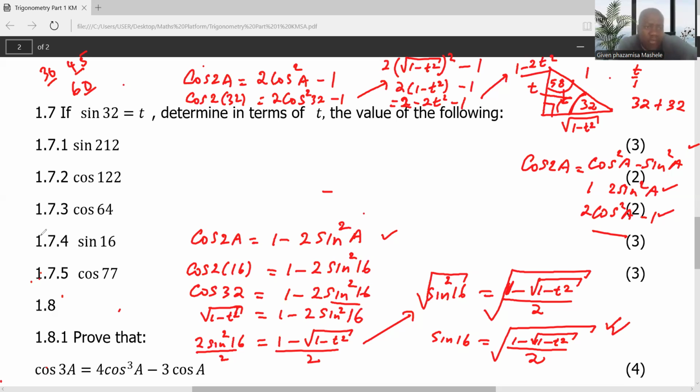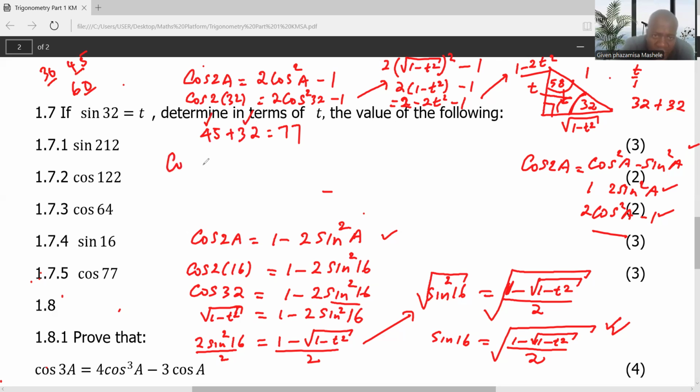If we take 45 and combine with 32, what do we get? Oh, this is 77. It means now we use the actual special angle and the temporary special angle.